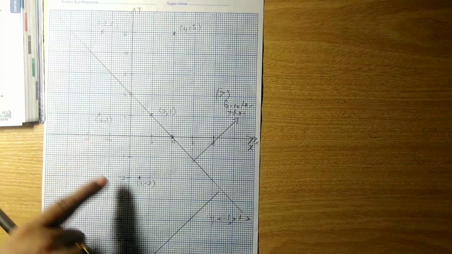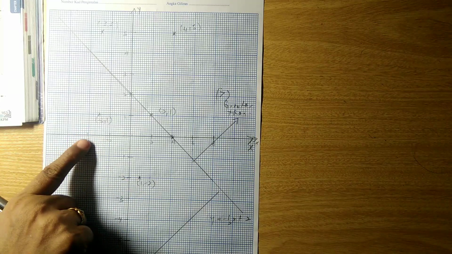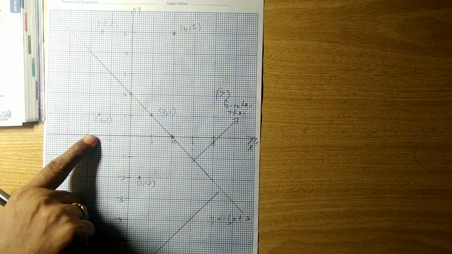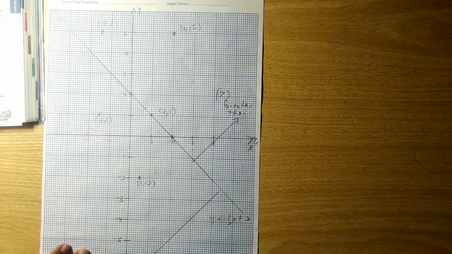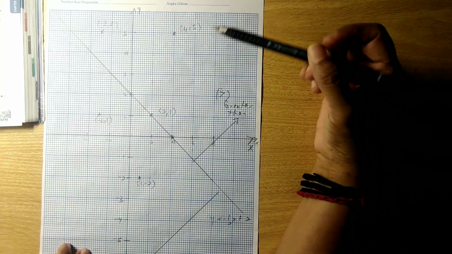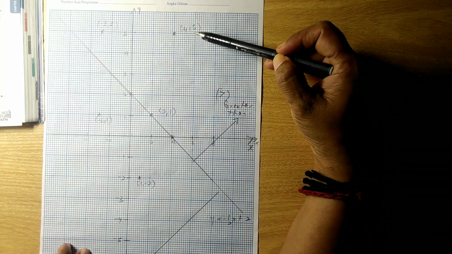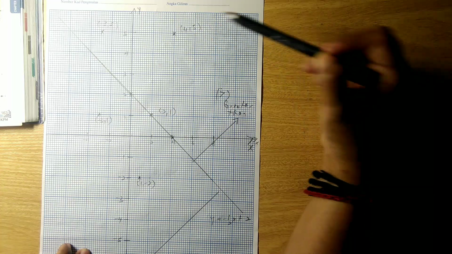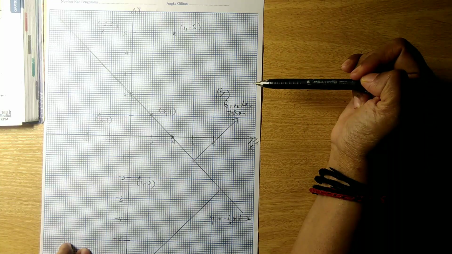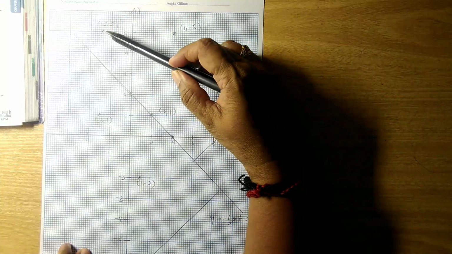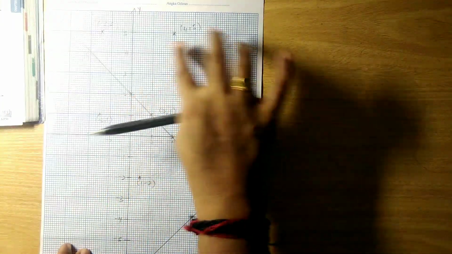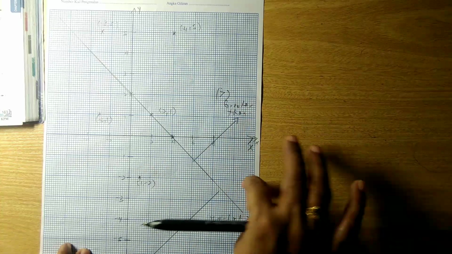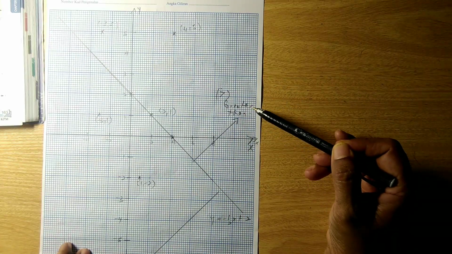It means these two coordinates, negative 3, 1 and 1, negative 2, satisfy the region less than. Whereas these coordinates, 4, 5 and negative 3, 5, are on the upper part of the equation, up here, and this part is denoted by greater than.